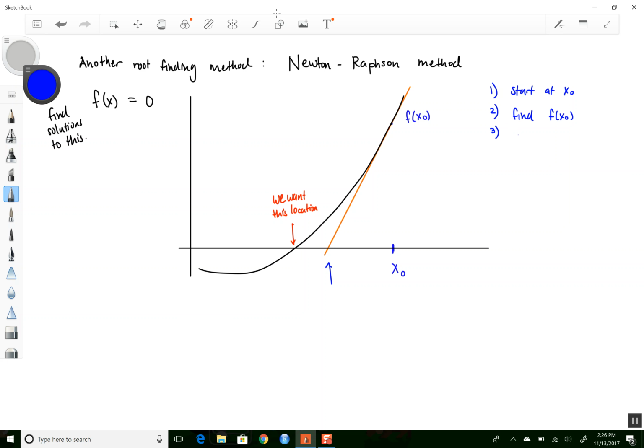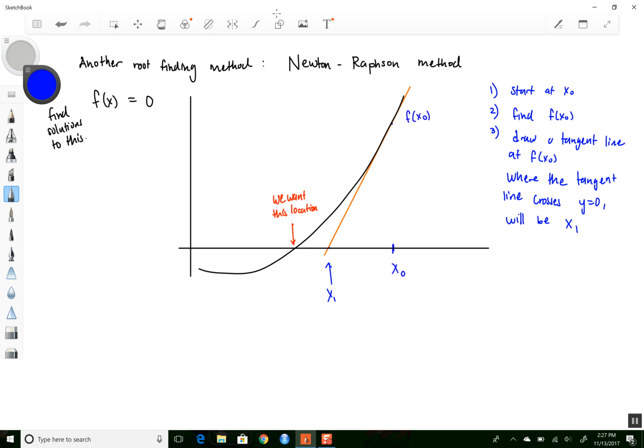And then draw a tangent line at f of x0, and where the tangent line crosses y equal to 0 will be x1. So this will be our next location. X at time 1 is this spot right here.